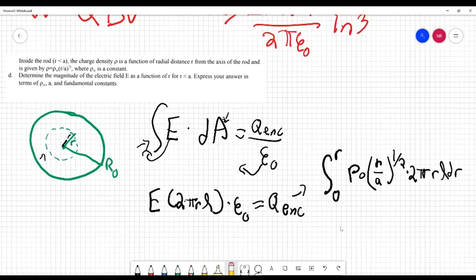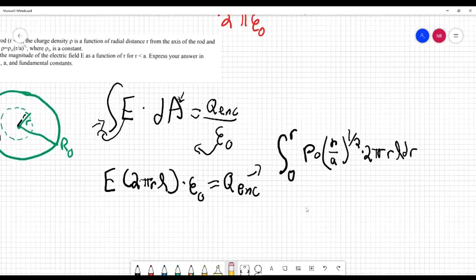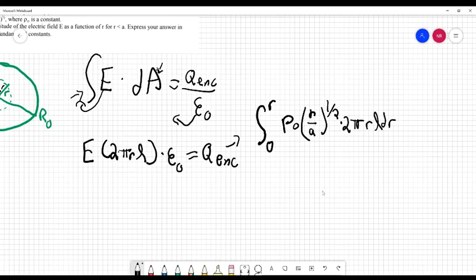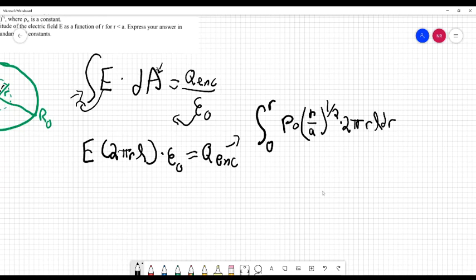Okay. So now we can just solve this integral. I'm not going to work out the entire thing because it's just going to be a lot of algebra. But what we end up getting is the left side would end up becoming the same: E times 2 pi r L times epsilon naught.